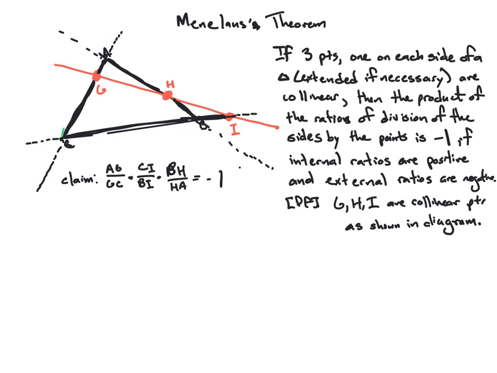I'm going to go from C, extend a perpendicular to this line, and do the same thing from A, and the same thing from B. I'm going to create all these perpendiculars right here, and I'm going to call these points, for consistency, D, E, and F. So D is the one that comes from A, E from B, and F from C.